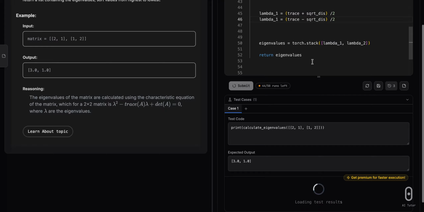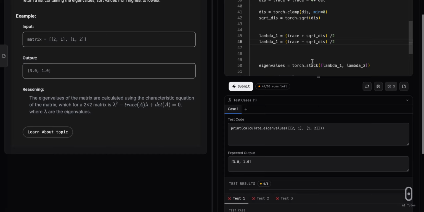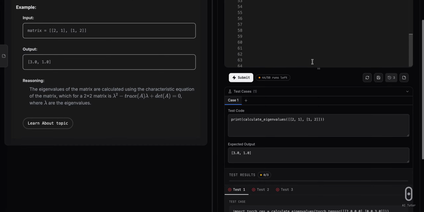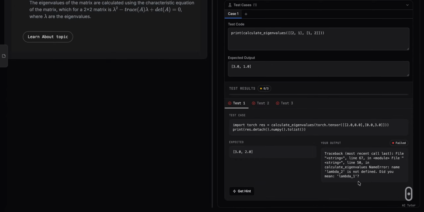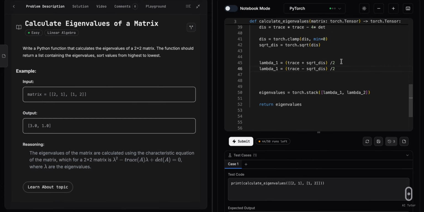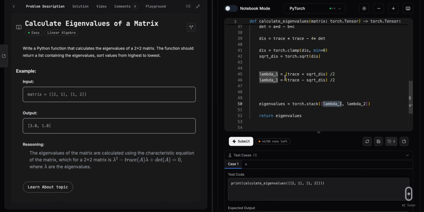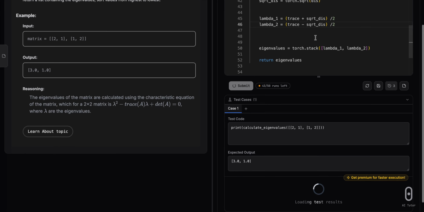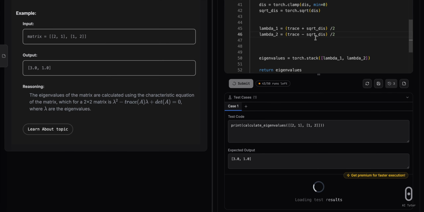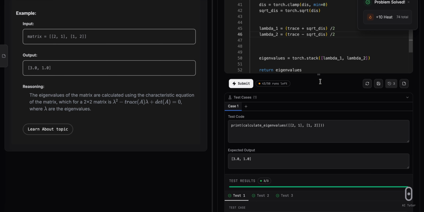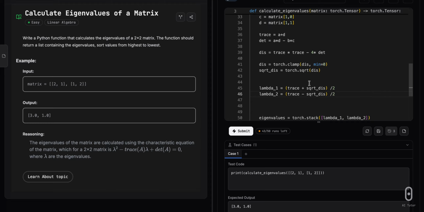And what more we can tell the interviewer is that, still failing. Let's just copy paste lambda 1, lambda 2. Okay, so all test cases are passing.